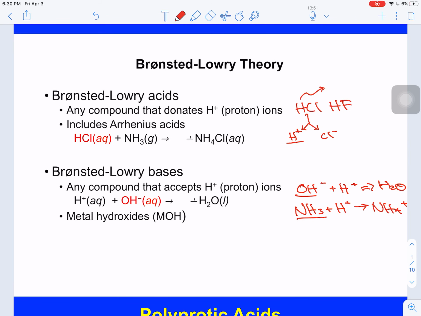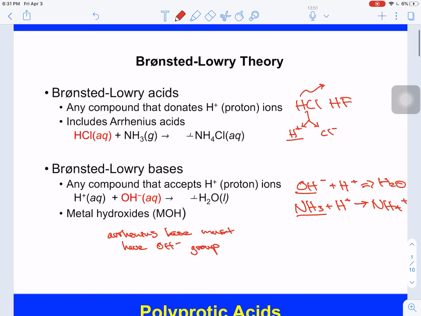However, an Arrhenius base must have an OH minus group. So an Arrhenius base must be able to dissolve into an OH minus group.